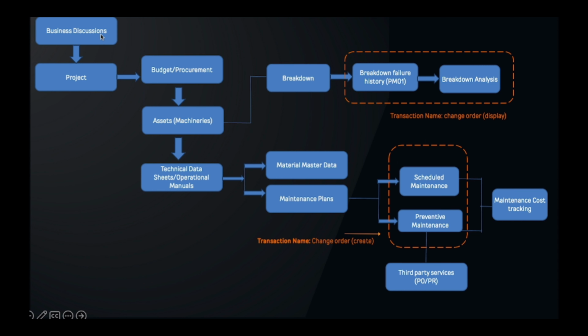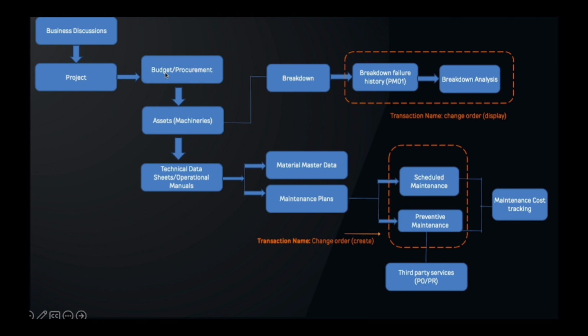Now, from the business discussions, we draw out projects. And with this project, of course, we need money to be able to execute it, and then we are able to draw out a budget. With the budget, the procurement team are able to discuss with the original equipment manufacturers and source for the machines.